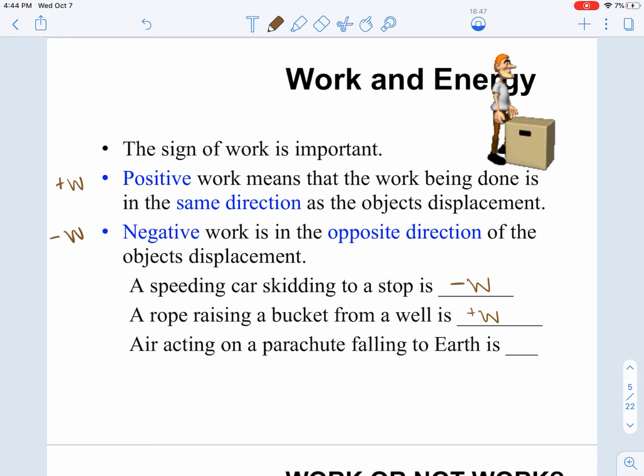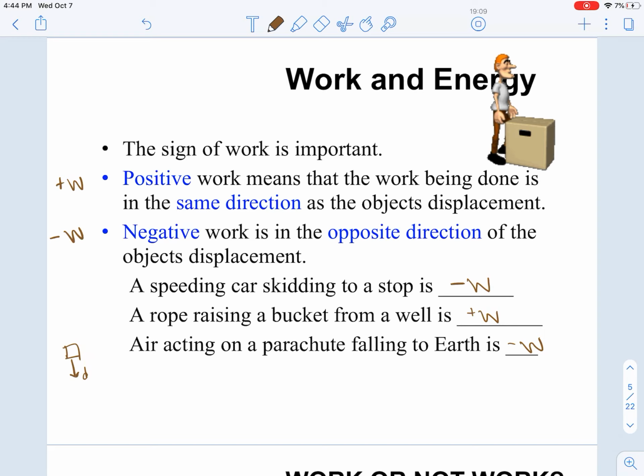Air acting on a parachute falling to earth. This would be negative work done if I ask you how much work the air does on the object, okay? So if I have an object, it is experiencing a displacement vertically downward because it's falling.